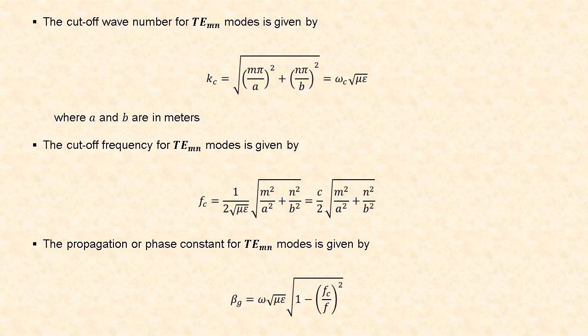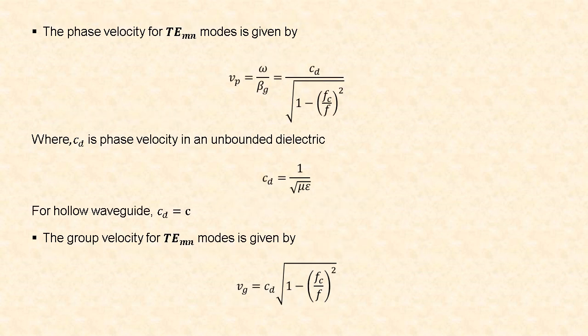The phase constant for TE mode is given by βg = ω root of μ into ε square root of 1 - (fc/f)². The phase velocity for TE mode is given by Vp = ω/βg, which is equal to cd divided by square root of 1 - (fc/f)².